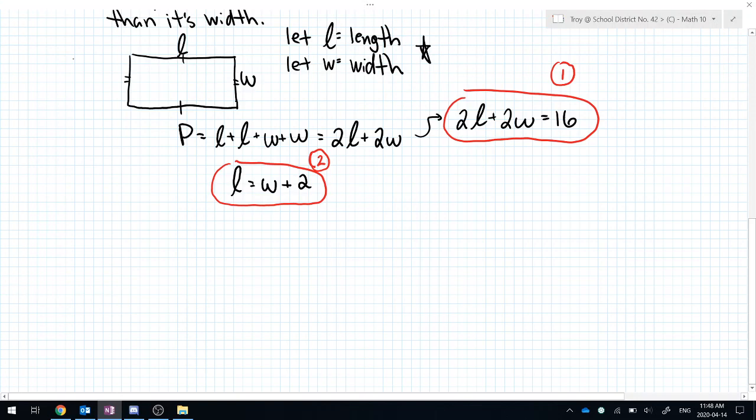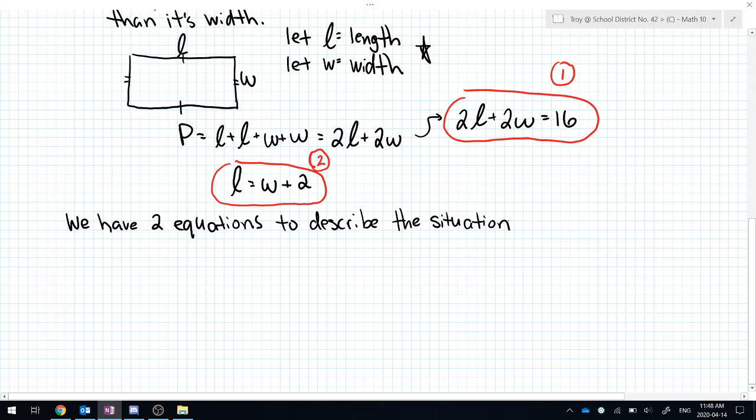So what I'm going to say here is we have two equations, and they're both linear. And, well, if we have more than one equation, we know we have a system.